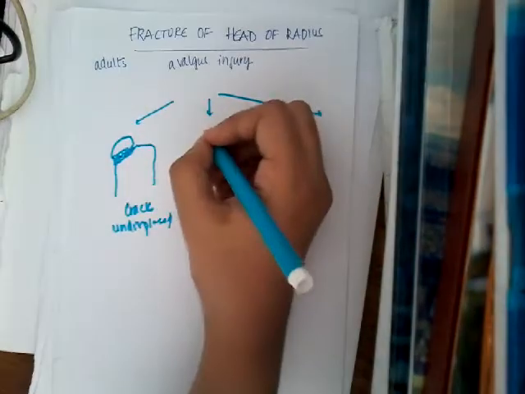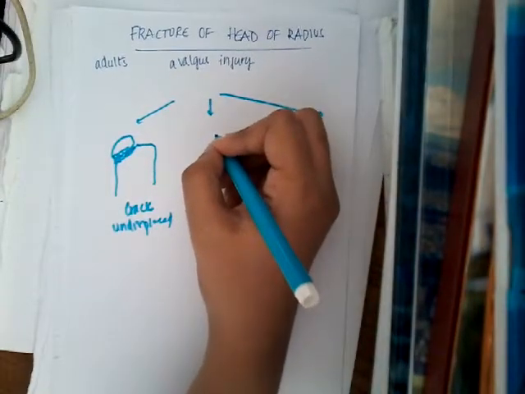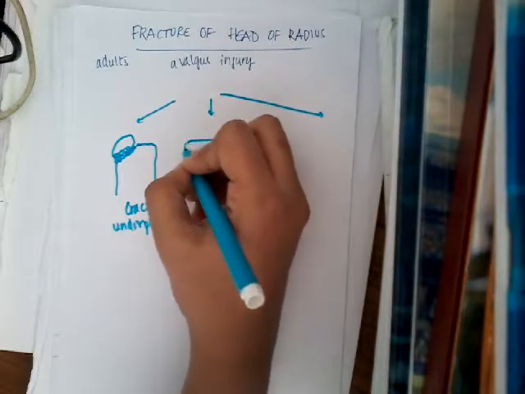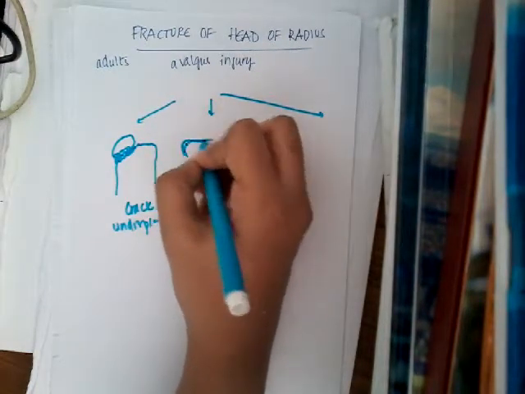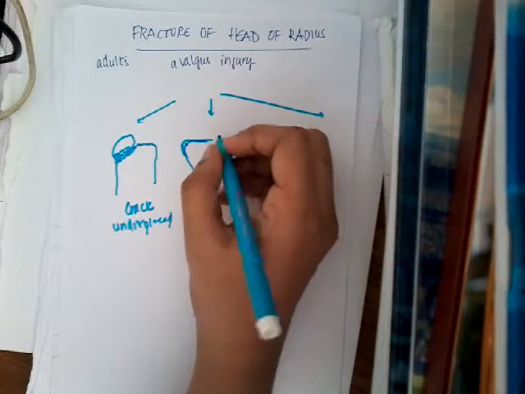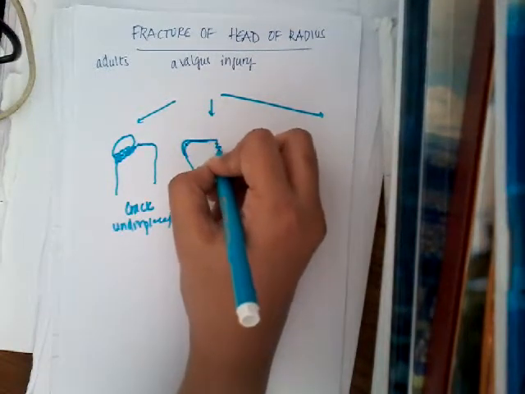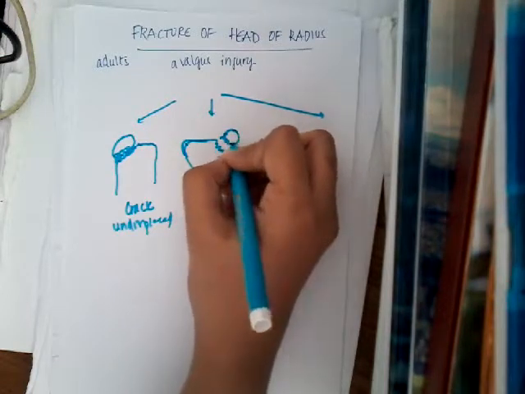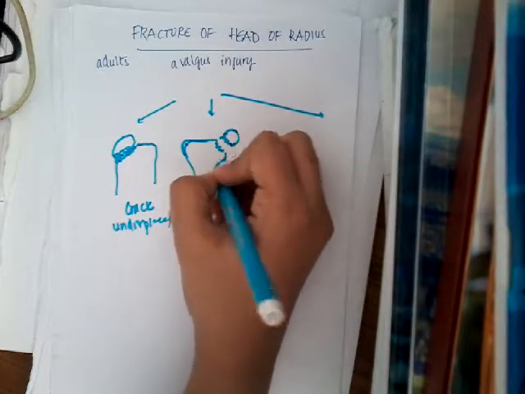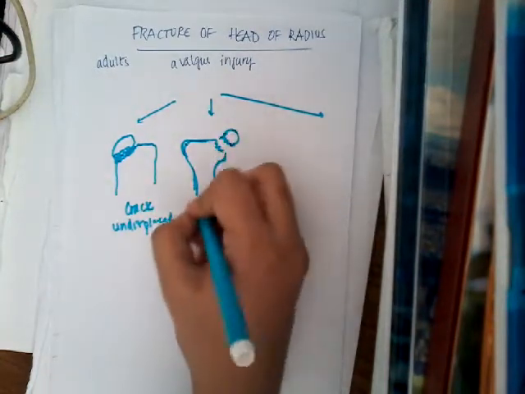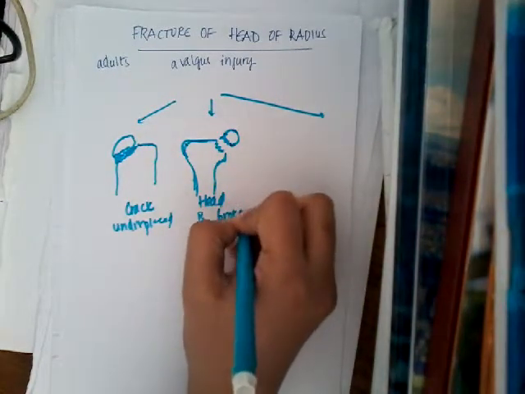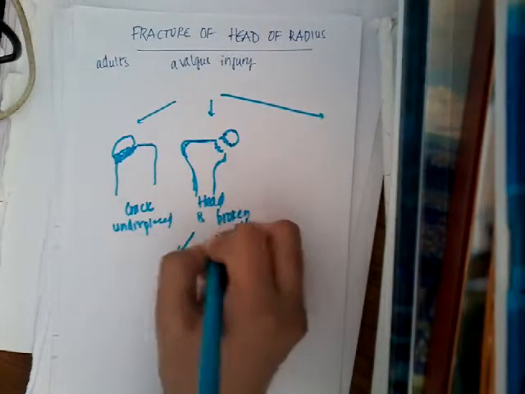The second type is where the head is broken off. That is, a part of the head, not the complete head, a fragment of head, is broken off. This is again divided into two types.